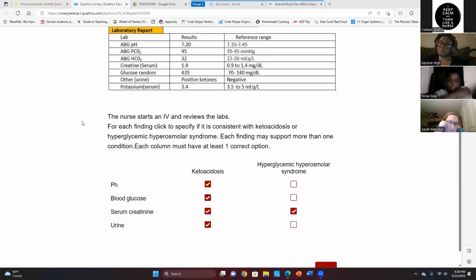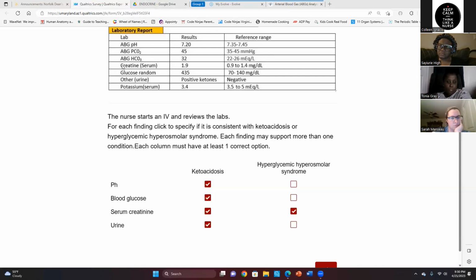Nursing interventions are to replace fluids as prescribed while monitoring for fluid overload, and to administer insulin and electrolytes as prescribed. We want to monitor blood glucose, level of consciousness, vital signs, electrolyte levels, and acid-base balance, and teach strategies to prevent HHS.